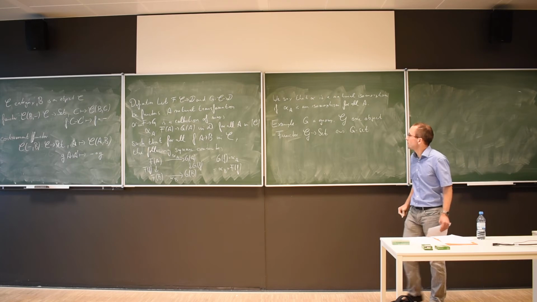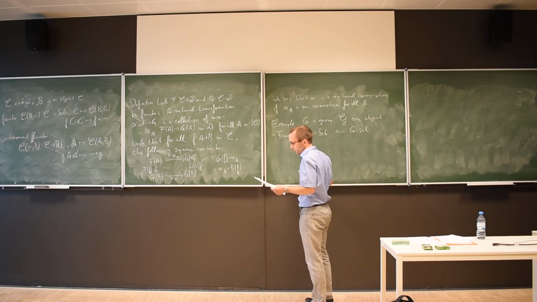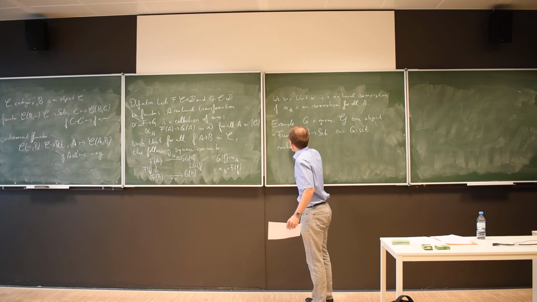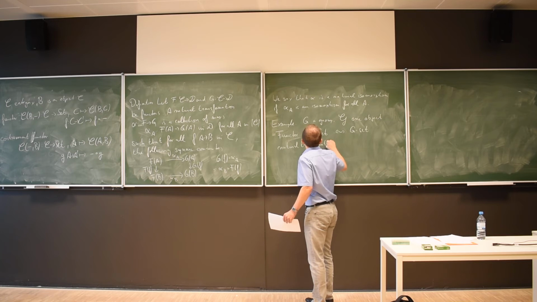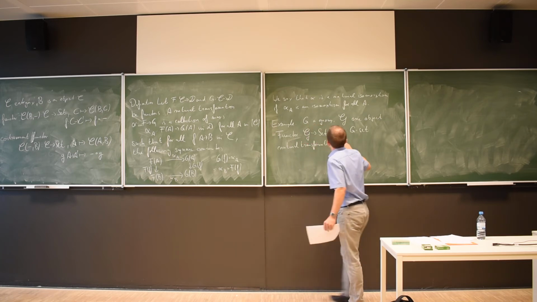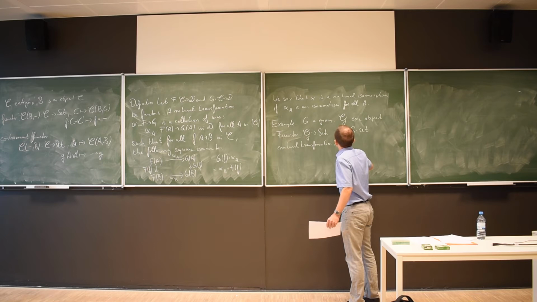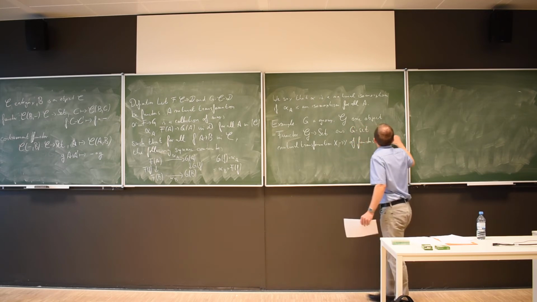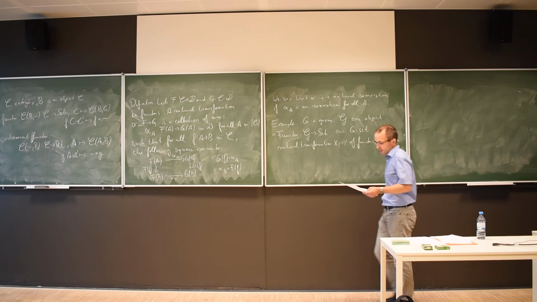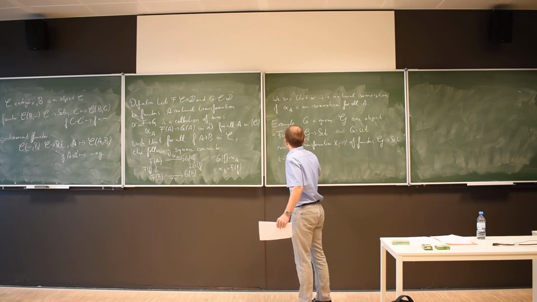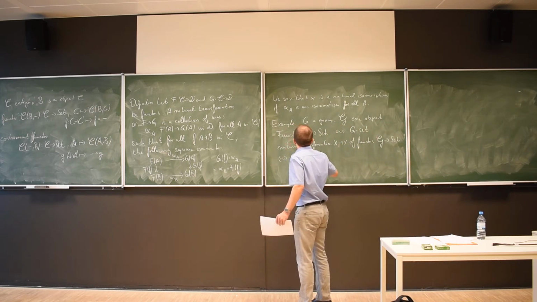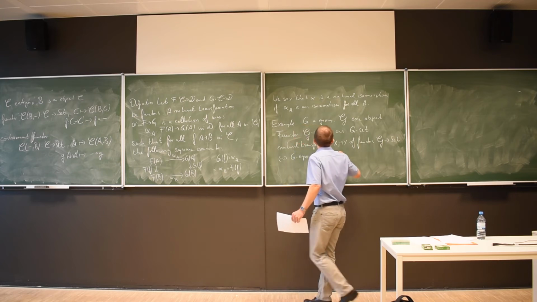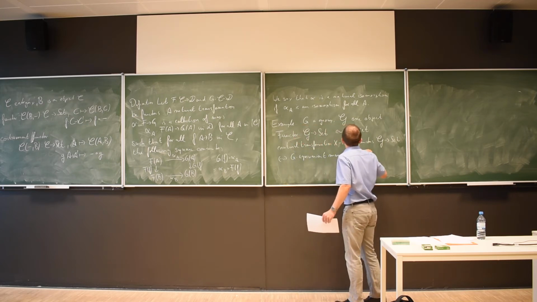And if we now have two such functors, then a natural transformation of two such functors from G to the category sets, this is the same as a G equivariant map of G sets.